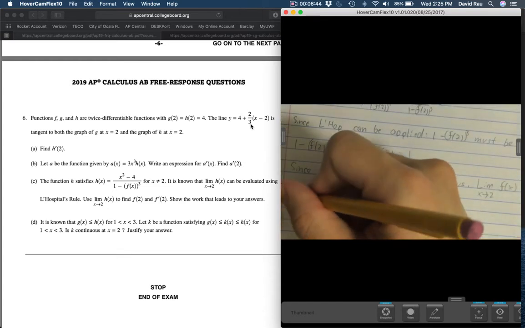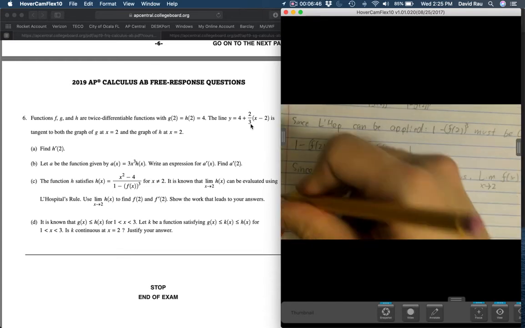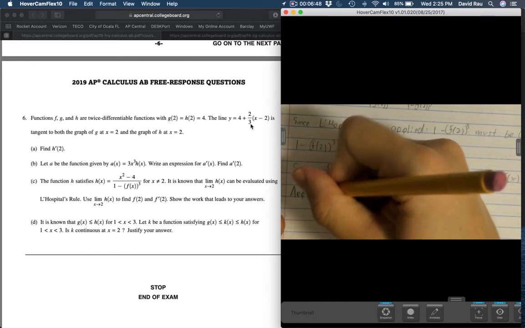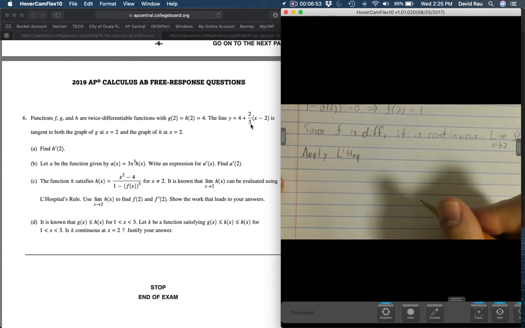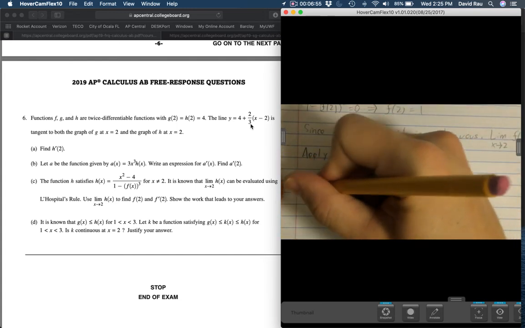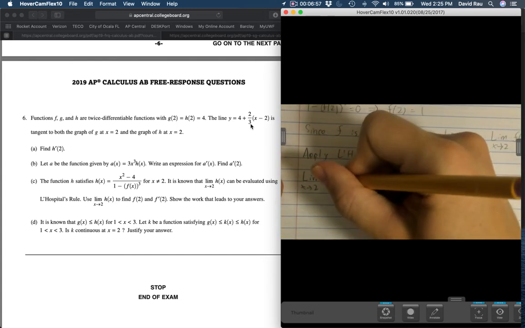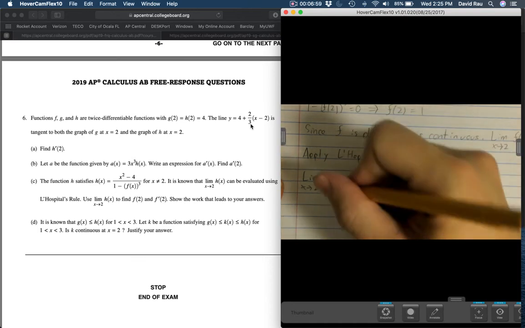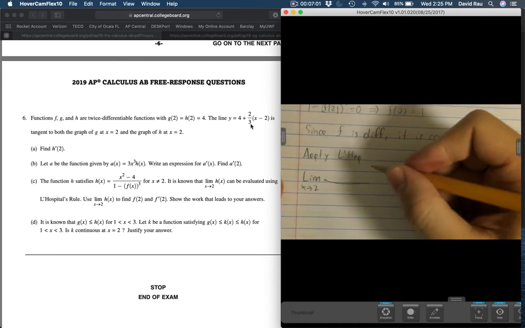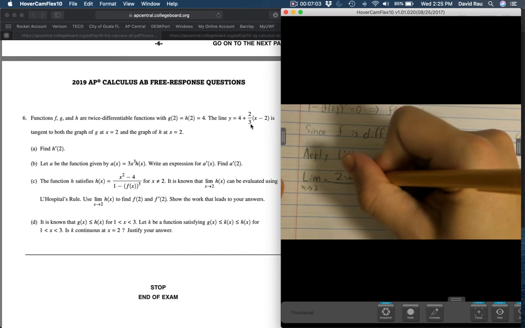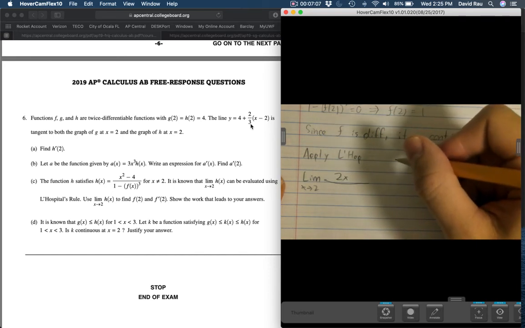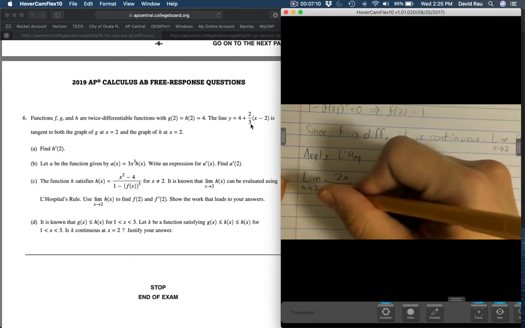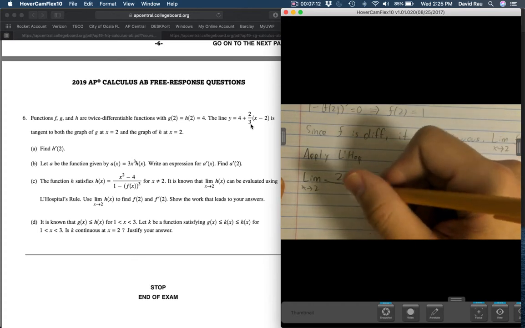So in other words, since this is in indeterminate form, we're now going to apply L'Hopital's rule. That means we're now going to be looking at the limit as x approaches 2 of, and that means we have to derive the numerator individually, which is going to be just 2x, and derive the denominator individually, which is going to have a chain rule in it. Just be careful that you don't include the 1 when you derive it, because 1's going to derive to 0.